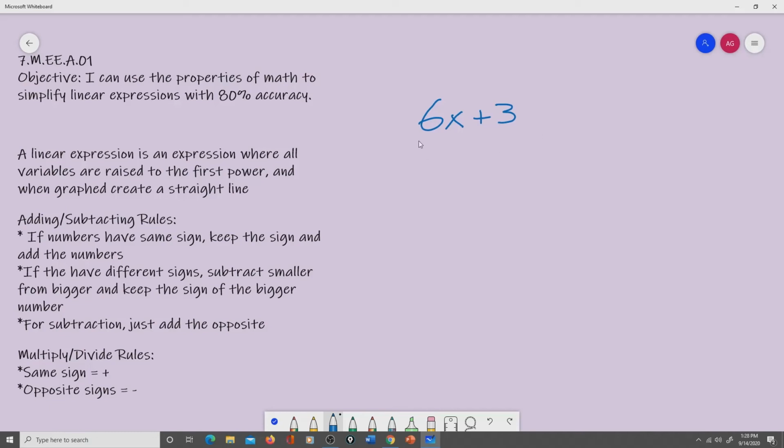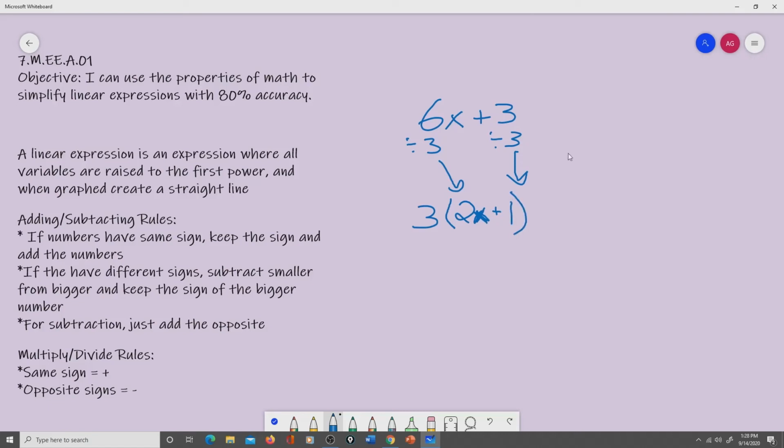But if we take a deeper look, I have a 6 and a 3, and I can go, oh, wait a minute, I know that these share a factor. Well, what factor? Well, 3. I know that these both share a 3, so I can divide out 3. And if we're going to divide out 3, it's going to come to the outside, and on the inside, we're going to put in the division we've done. So 6 divided by 3 is 2x, because we still have that x. And then 3 divided by 3 is 1.